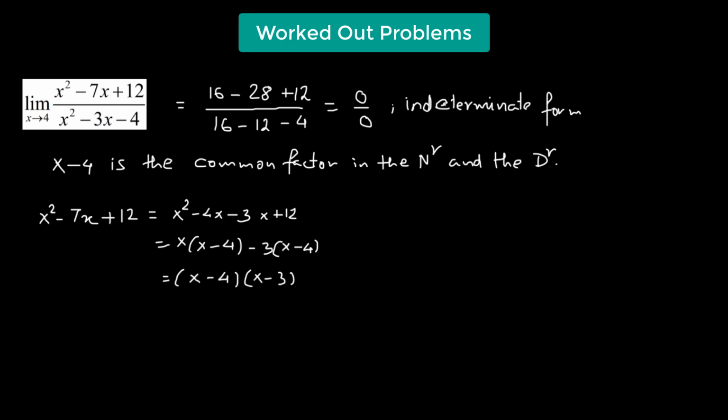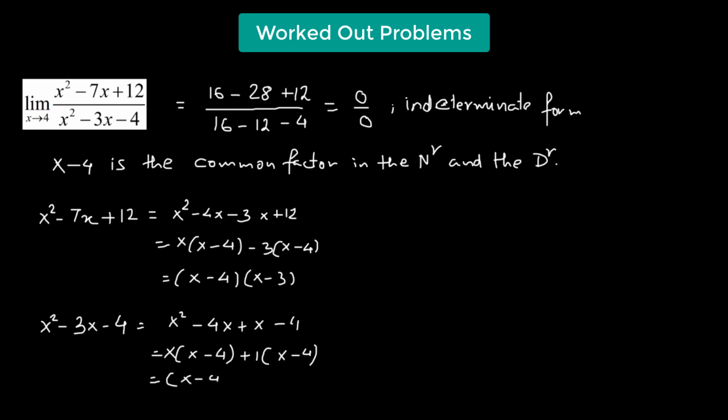So we get the factors x minus 4 and x minus 3. Then we factorize the rational function in the denominator. So we get the factors x minus 4 and x plus 1. So let us replace these values into our function.